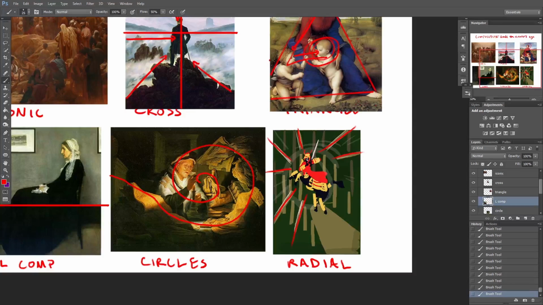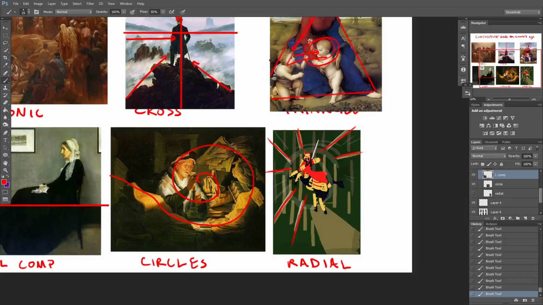So if you do a lot of action shots, radial might be a really good way to draw focus. Something to keep in mind is that this is also very similar to one-point perspective, but it doesn't necessarily have to follow the perspective of one point. It could be somewhere else that doesn't line up with the exact center of your one-point perspective. So that's something to keep in mind.